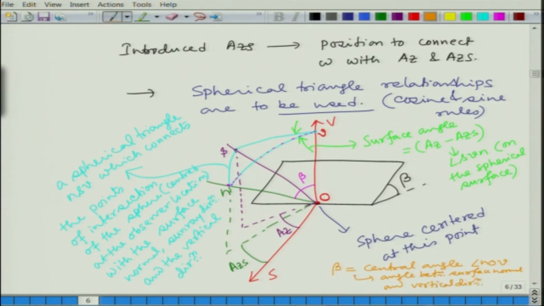So, that is the tilt angle, right. So, that is one angle we got.